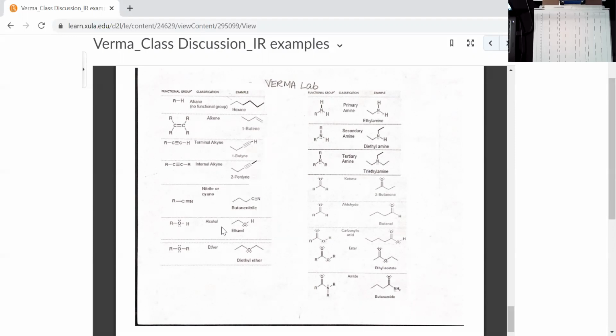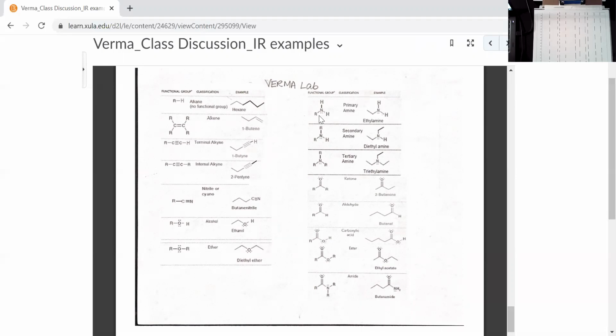The alcohols have an OH, whereas an ether has an OR or an OC bond between it. So this pattern, or the arrangement of these atoms on the chemical structure, you all should be familiar with for the functional groups.